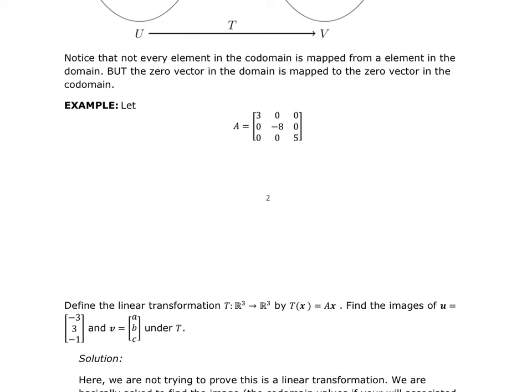So let's just take a look at a nice transformation here. We're going to let A be this matrix where I have 3, -8, and 5 in the diagonal. And I'm going to define my linear transformation from R3 back into R3 by A multiplied by my vectors X, where X are coming from my first R3.